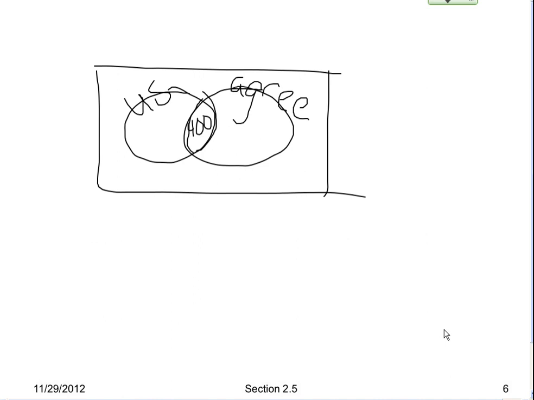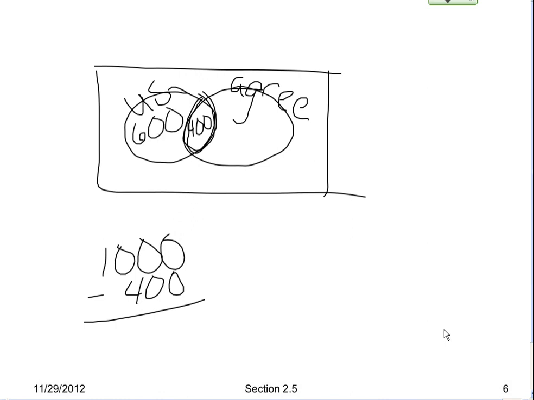I've already got 400 Americans in here on the Venn diagram. So if I know that there's 1,000 Americans total, and I've already used 400, that gives me 600 that belong in this set right here, 600 that are outside of that agree set.